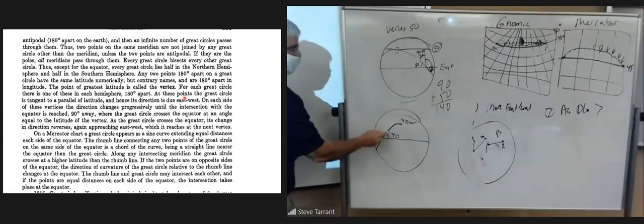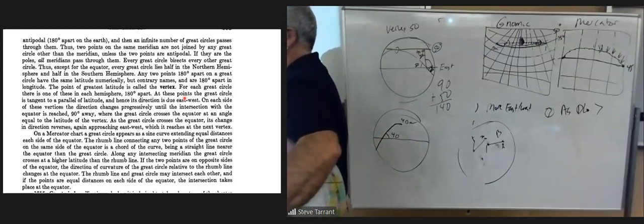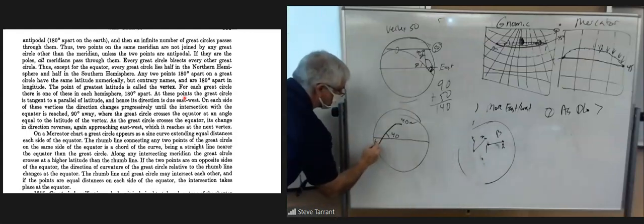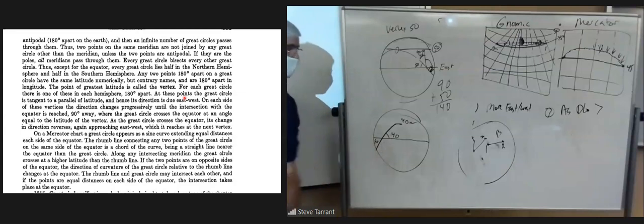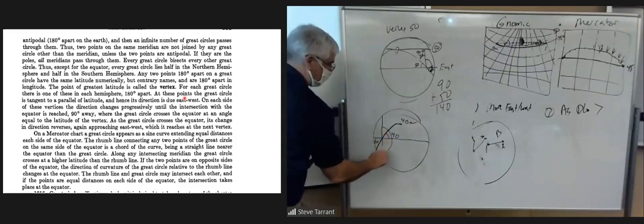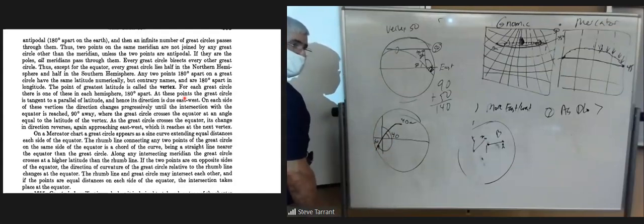The angle between the equator and the intersection of the great circle is equal to the latitude of the vertex. So this one's 40 and this one's 40. You've got to watch out because that one's not the 40. Here's north, and I am steering this course. As I cross the equator, what am I actually steering by the compass?